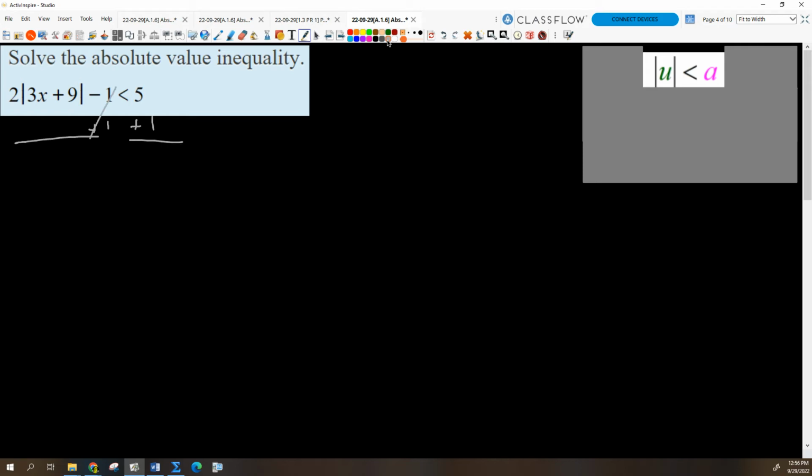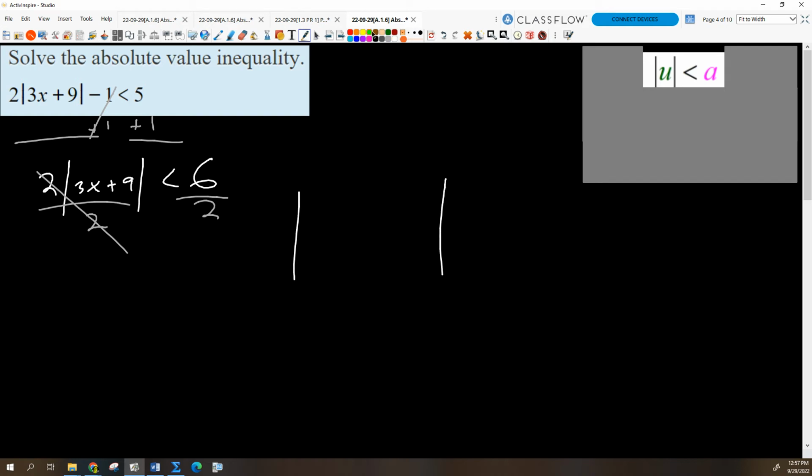So those guys cancel. That gives us 2 times the absolute value of 3x plus 9 is less than 6. You told me to divide by 2. Okay, that's good. And then when we do that, we get the absolute value of 3x plus 9 is less than 3. Agreed? Okay, so we isolated the absolute value.